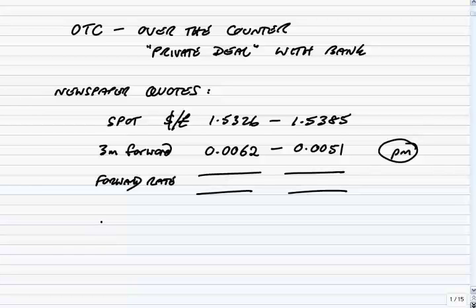But if it's quoted PM, then we take the difference, and to adjust, we add it to spot. Oh, I've already gone wrong. I am sorry. I said this is going to look funny. I do apologise. If it's quoted PM, PM stands for premium, we subtract from spot.